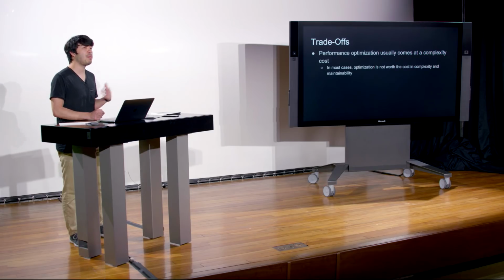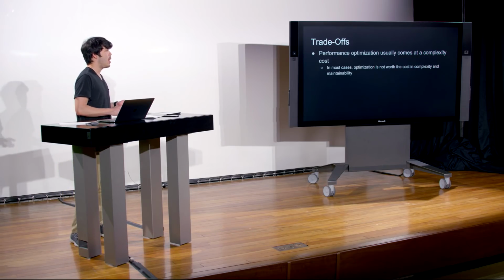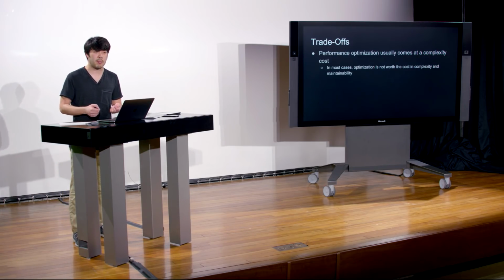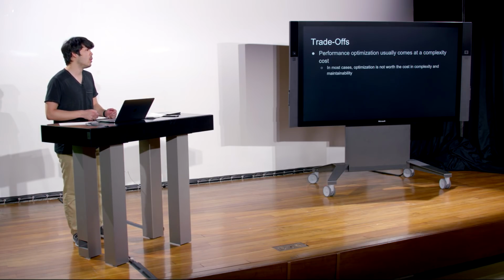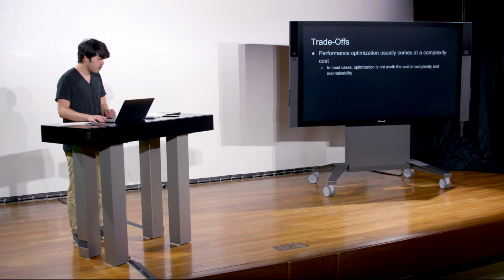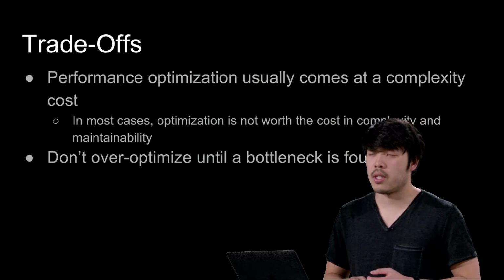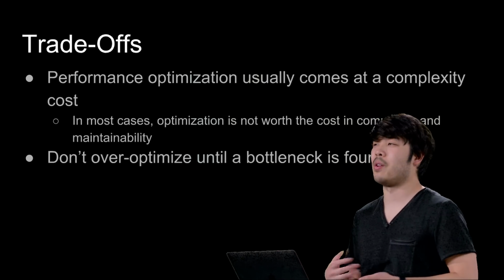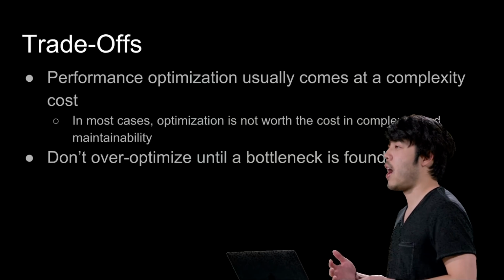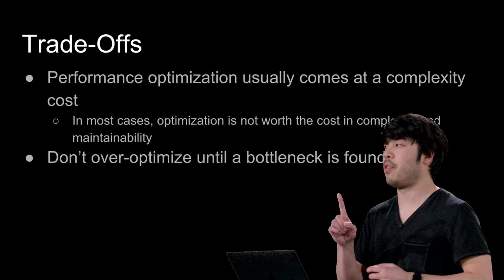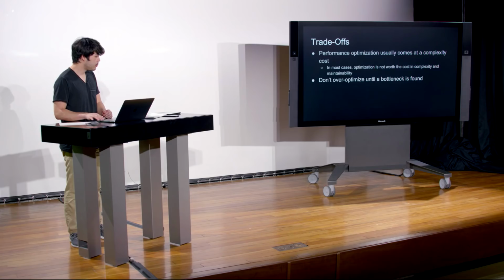JavaScript now is so fast that by optimizing, you add complexity to your app, and sometimes that complexity and maintainability is really not worth the little to no gains that you'll get from optimizing. And so in general, you don't want to over-optimize anything until you've found a bottleneck. And by bottleneck, I mean something that's slow enough that that one particular thing slows down your entire app.